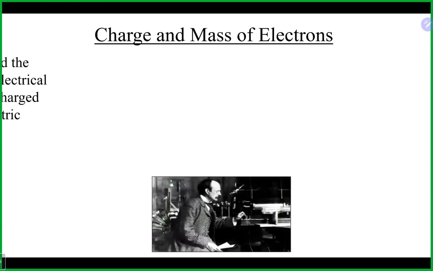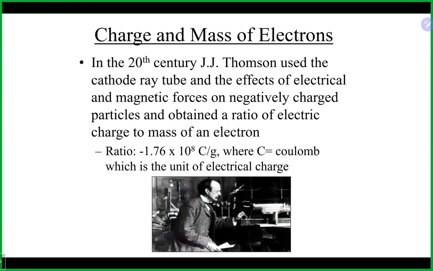Now, this cathode ray tube was used a lot by a guy named J.J. Thomson, and this is one of the first experiments you should be familiar with. J.J. Thomson in the 20th century did a lot of work with cathode ray tubes.